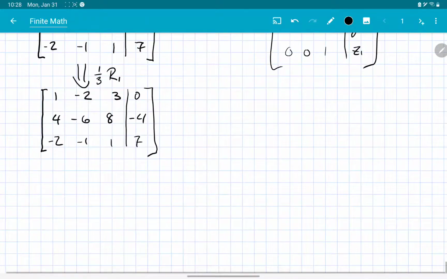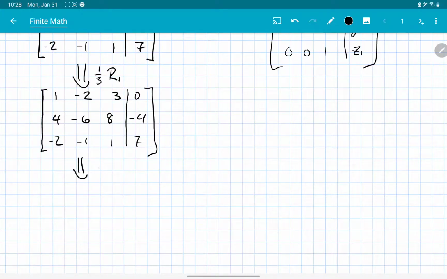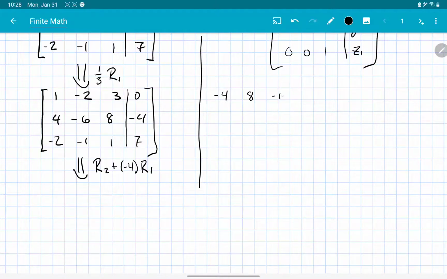So our second step, let's eliminate the 4 in the second row. So it's going to be row 2 plus -4 times row 1. You can think of that as -4 times row 1. I'm going to write my scratch work of -4 times row 1 over here, so that I don't make any mistakes.